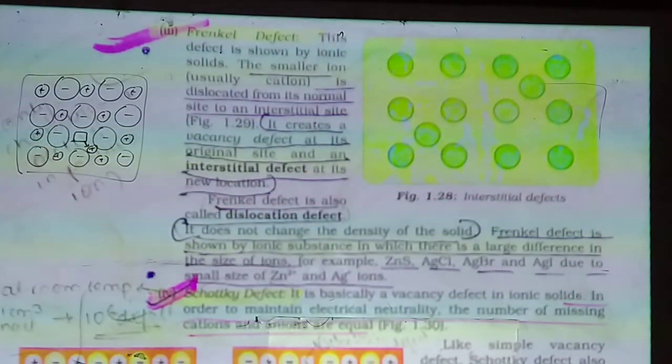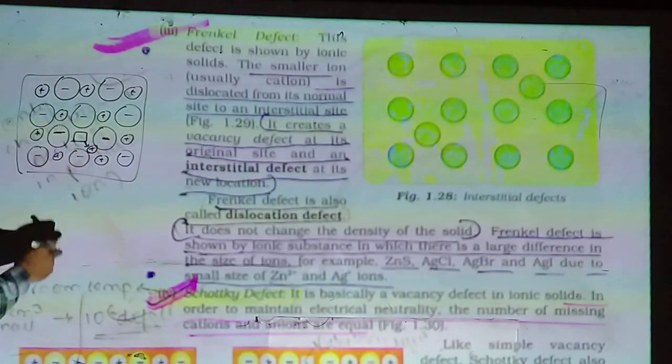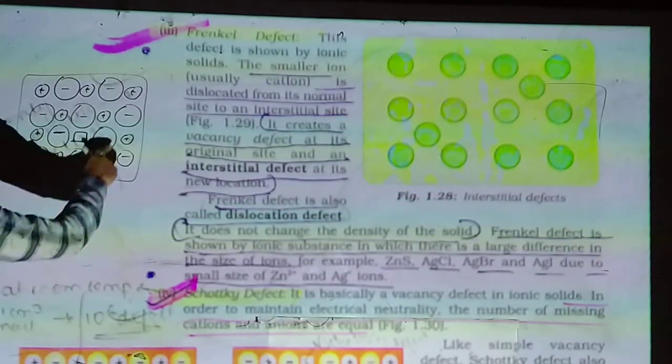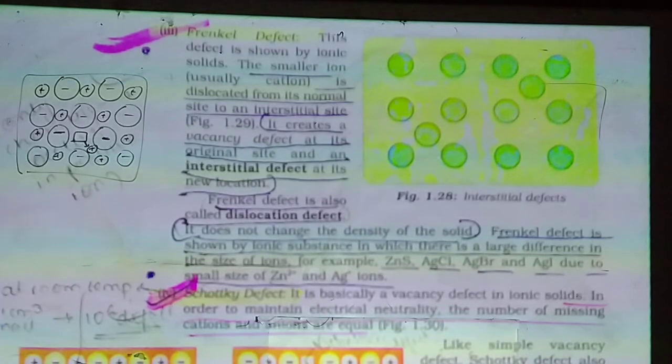This defect was discovered by the scientist Frenkel, so in honor of him it is called the Frenkel defect. You can see here the negative ion never moves. Why? Because of its size, the interstitial space is not big enough to allow it.